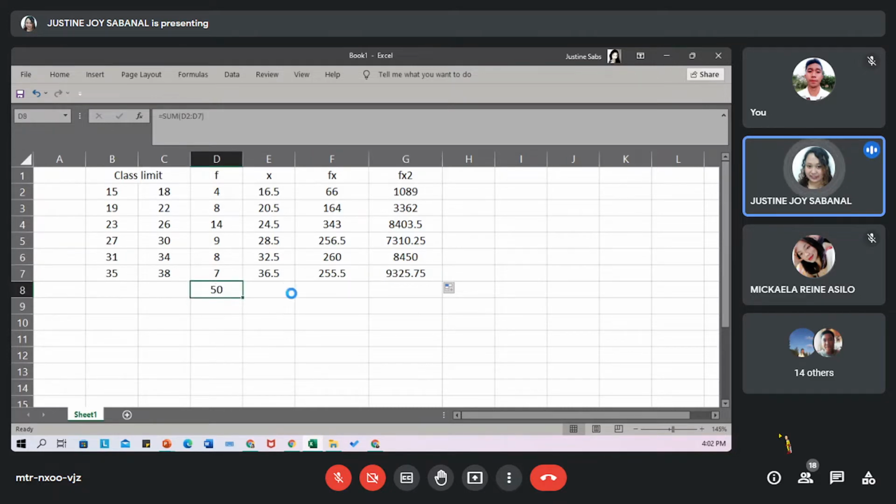After po niyan, kunin natin yung sum for the column of fx and fx squared. We have 1,345 for fx and 37,940.5 for fx squared. Yung 50 doon is the total number of observations na meron tayo. After niyan po, we can determine the standard deviation.